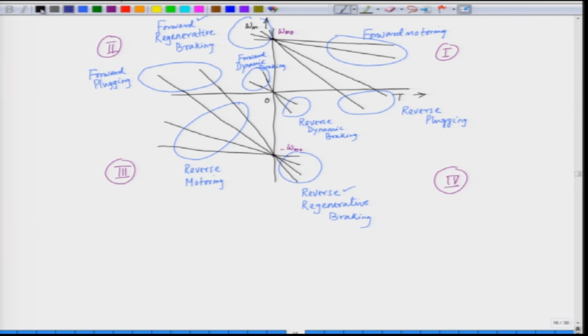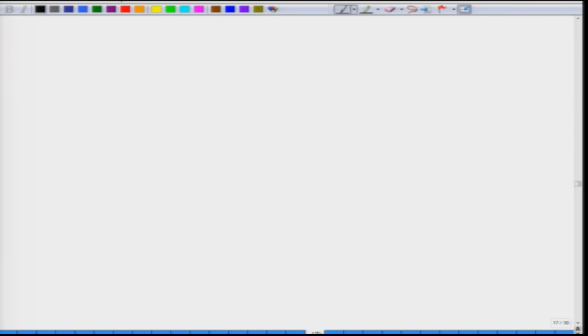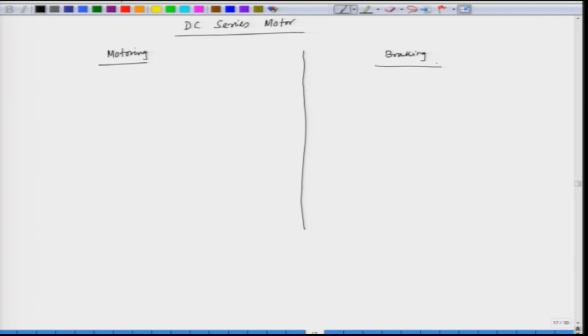Now, let us try to see similarly that of a series motor. What we will be discussing right now is the motoring of a series DC motor, and we also discuss the braking of the DC motor. For motoring we have already seen the circuit for the series motor.